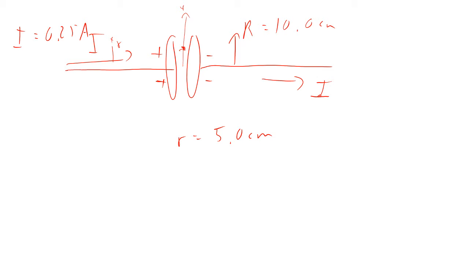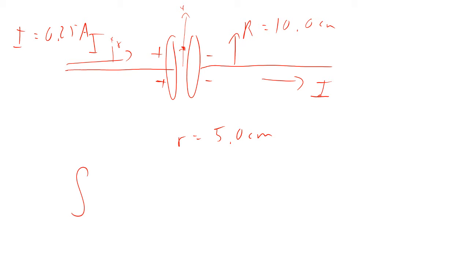Well, there's got to be a magnetic field there because we're charging the capacitor, so we're changing the electric field in the capacitor, which means we're changing the electric flux in the capacitor. Then we've got the Ampere-Maxwell relationship.